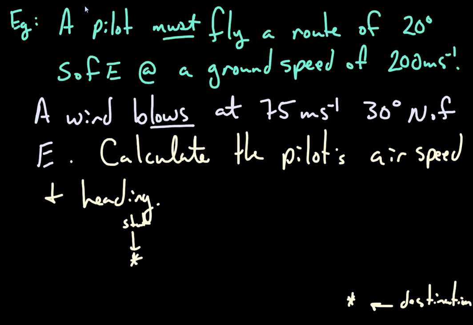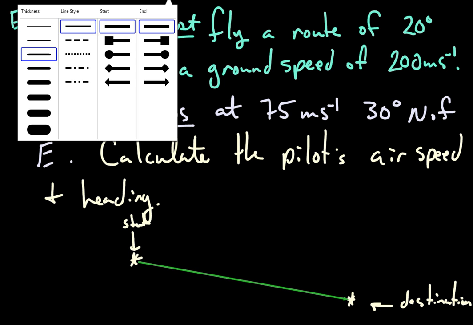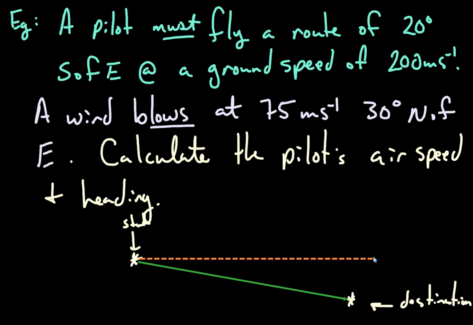And if we want to show that displacement, he's going to fly somewhere like that. Just give me a second, I'll draw some stuff. This is 20 degrees south of east.